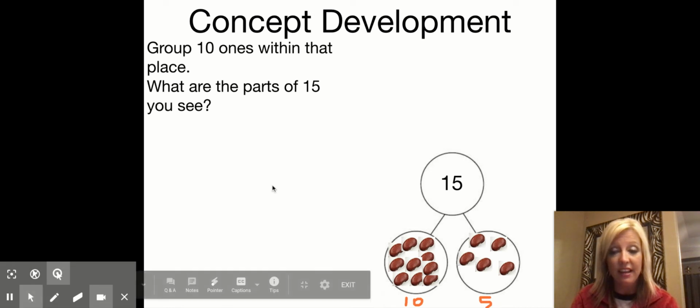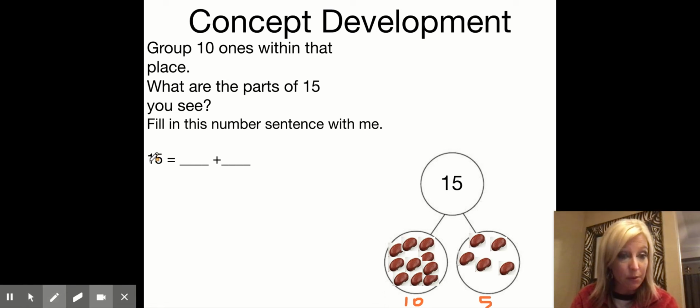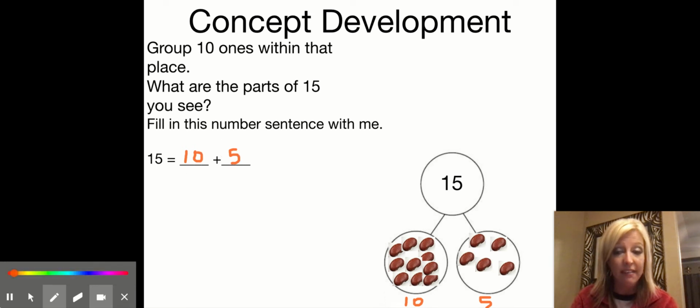Very good. So fill in this number sentence with me. 15 equals, what did you tell me the parts of 15 were? Good. 10 and 5. So read that number sentence with me. 15 equals 10 plus 5.